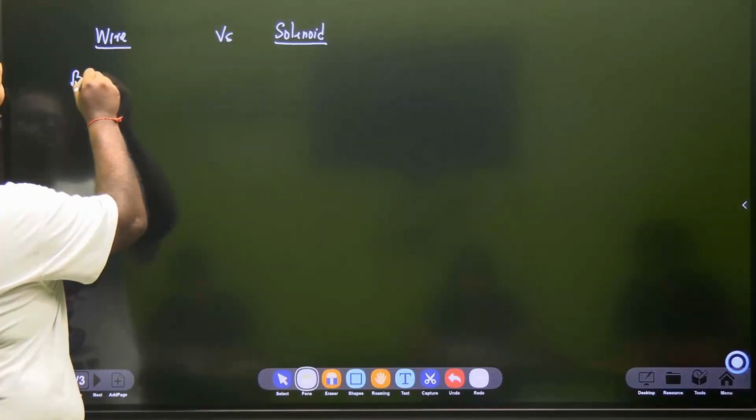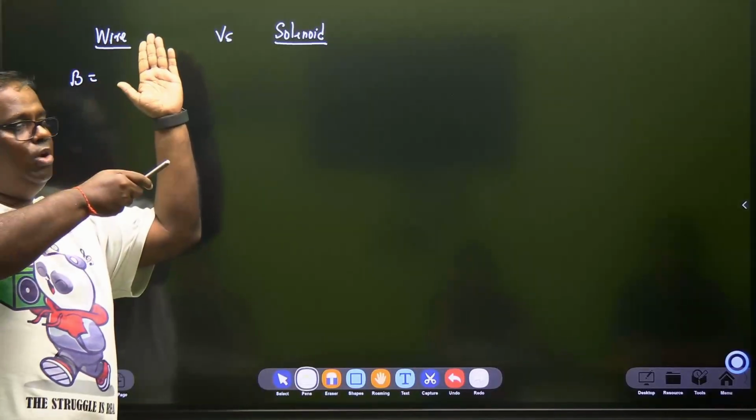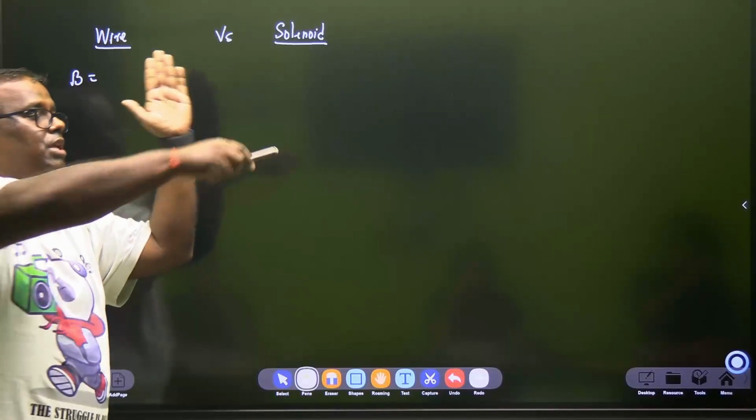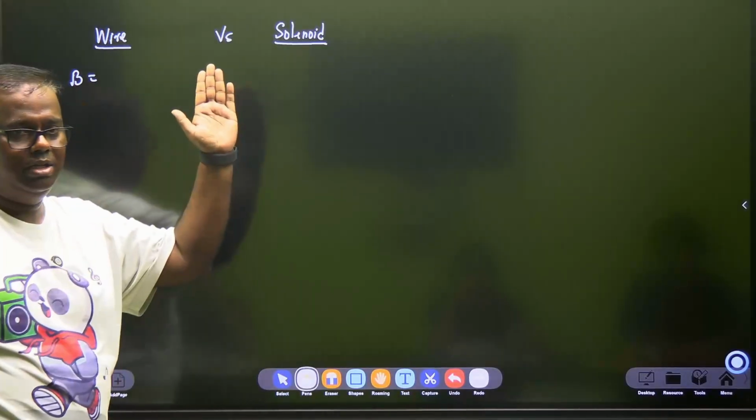Wire versus solenoid. If you remember this, even if you don't remember, just see an infinite long wire. Look here. It's an infinite long wire and there is a point P. If this distance is R, then the Amperian loop is actually a bangle around it. Then what should be B dot dl?